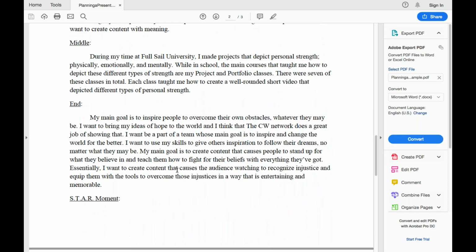The middle portion: during my time at Full Sail, I made projects that depicted personal strength, physical, emotional, and mental. While in school, the main courses taught me how to depict these different strengths in a project portfolio. There were 7 classes in total. See, they didn't get too detailed with their middle. I want you guys to get a little more detailed. Talk about a class you took, or 2 or 3 classes you took, and what they taught you.